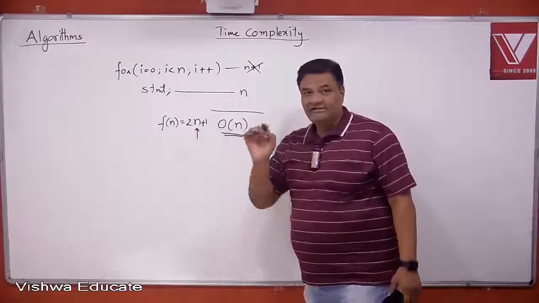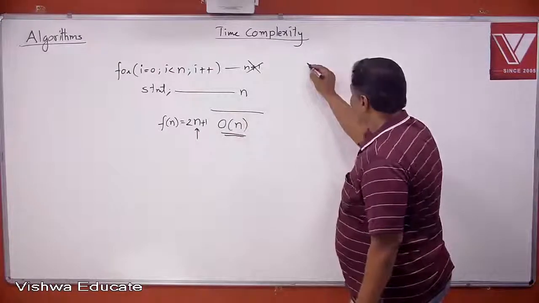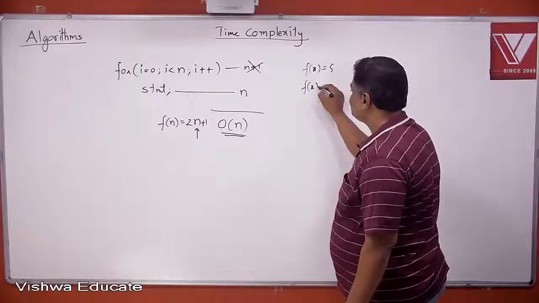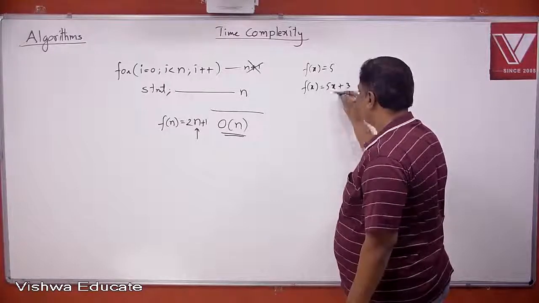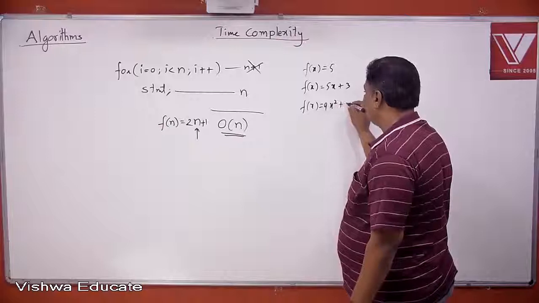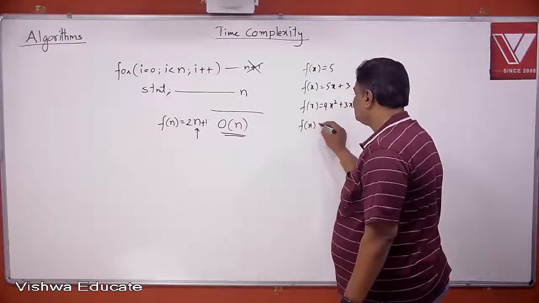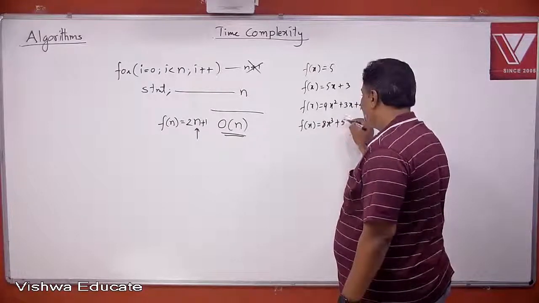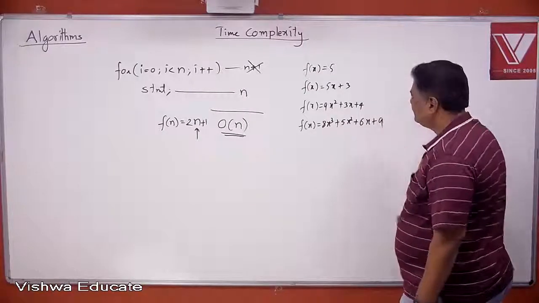Now one more thing, again I will revise something before continuing. See, f of x is 5, f of x is 5x plus 3, f of x is 9x square plus 3x plus 4, f of x is 8x cube plus 5x square plus 6x plus 9.